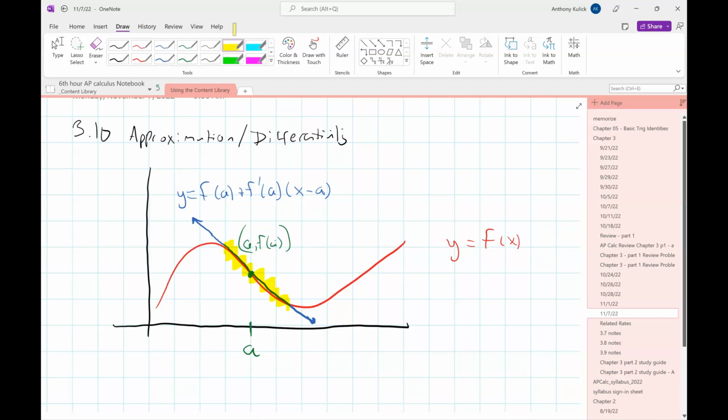Everybody agree with that? So that's why, in this section anyways, we call this tangent line a linearization or a linear approximation. Cool with that?